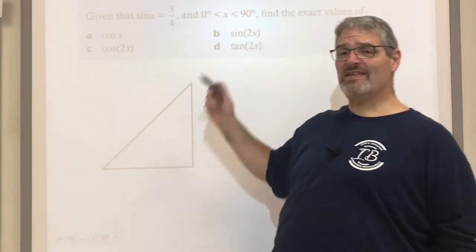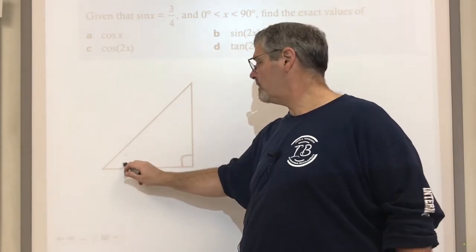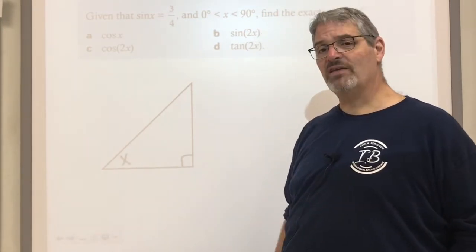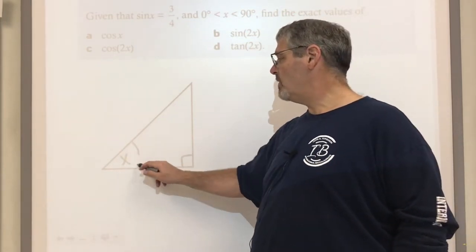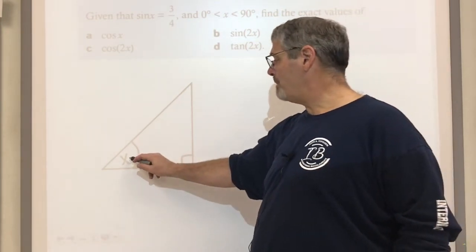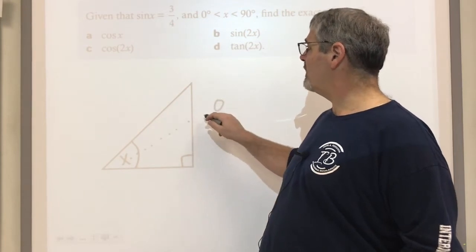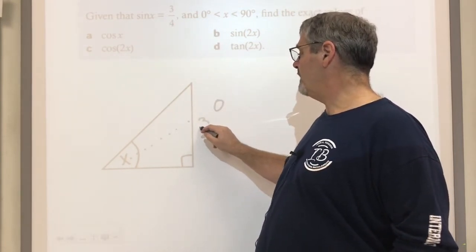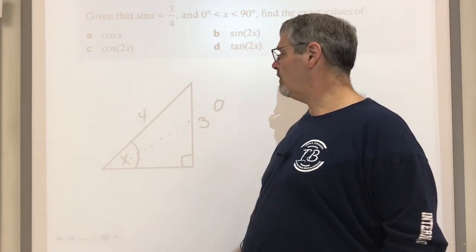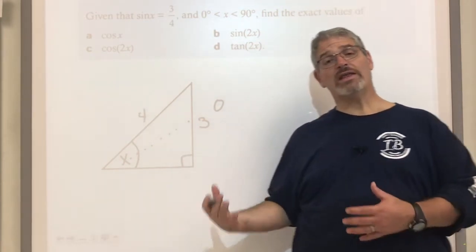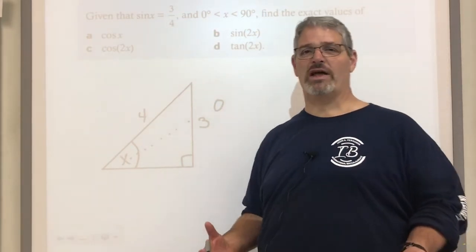And we know that the sine of an angle, in a right triangle, if this angle is x, then the sine is the opposite side to this angle over the hypotenuse. So the side opposite this angle would be 3. And the hypotenuse would be 4.